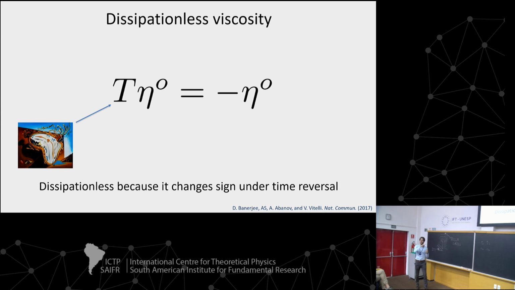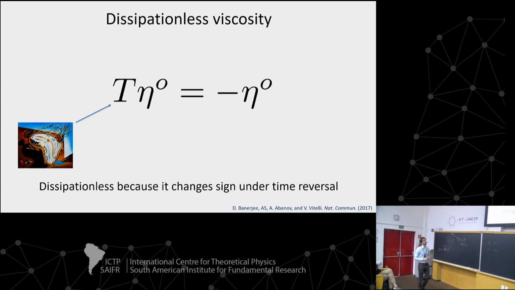But that also means that if you had energy dissipation in one direction, when you start rotating particles in the other direction, you'll have an energy growth that's exponential, and that's not allowed here. So the only way you can have both signs of the viscosity is to say that it's dissipationless.